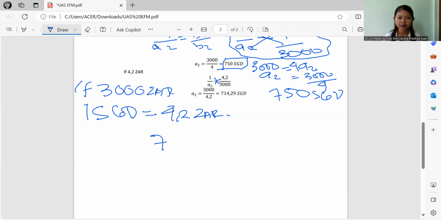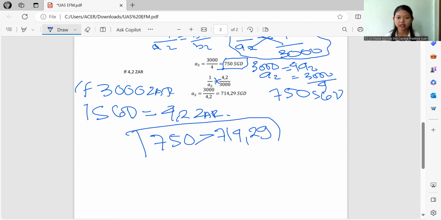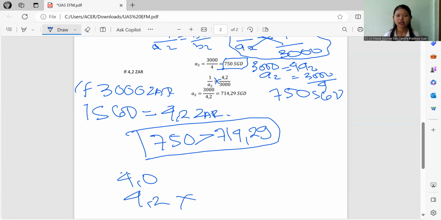So we know that 750 is bigger than 714.29. After this point, we know the more favorable rate for me is 4.0, not 4.2.